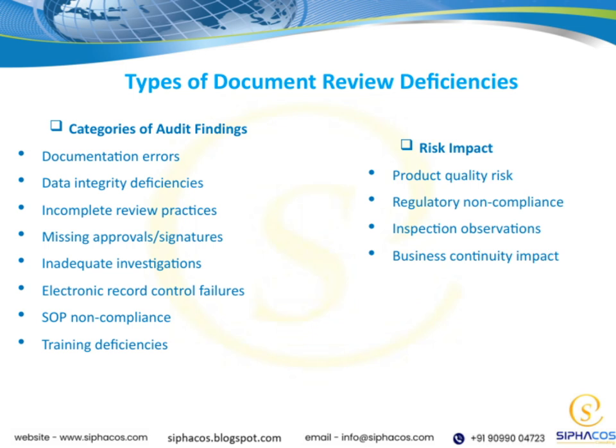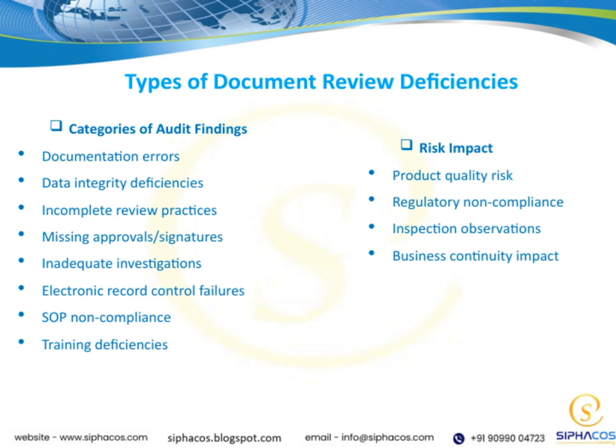Moving on to the types of document review deficiencies, these are the specific areas where our documentation might fall short. For example, documentation errors can lead to misunderstandings or incorrect data being used in decision-making. Data integrity deficiencies threaten the reliability of our records, which is fundamental for compliance and audit readiness. Incomplete review practices might leave gaps that allow issues to go unnoticed.